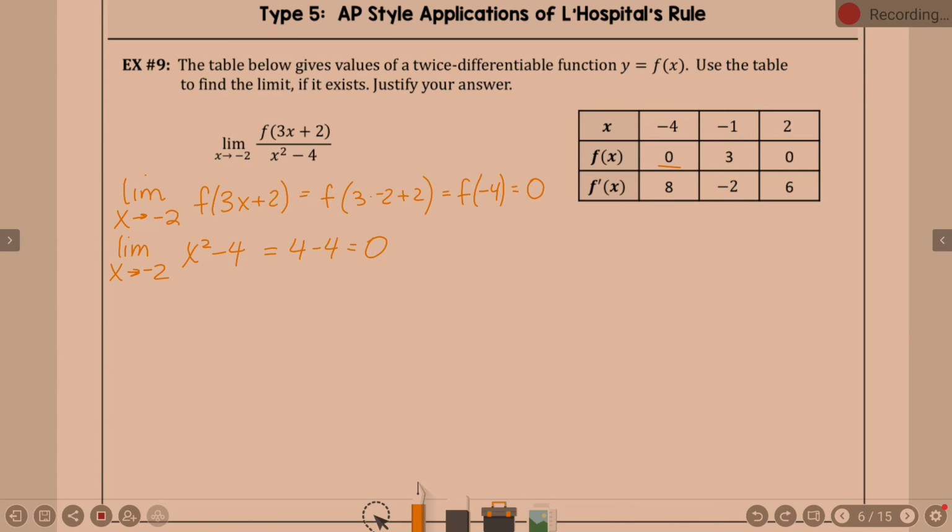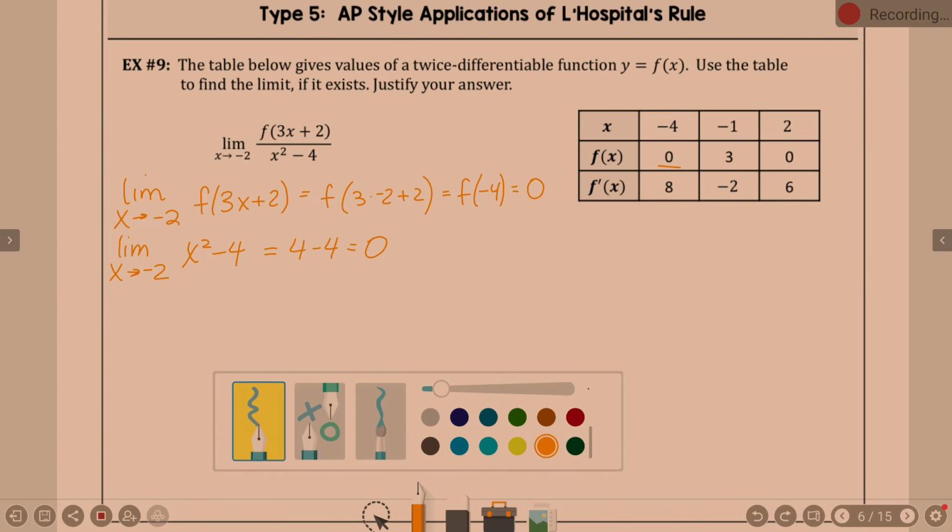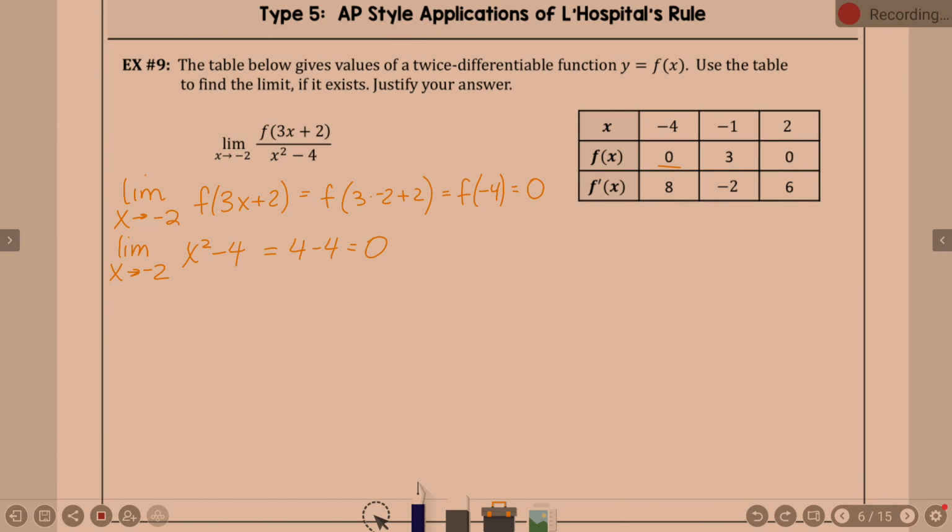Okay, so we know, of course, we need to use L'Hopital's. So the limit as x approaches negative 2 of f of 3x plus 2 over x squared minus 4, by L'Hopital's, is going to be the limit as x approaches negative 2.